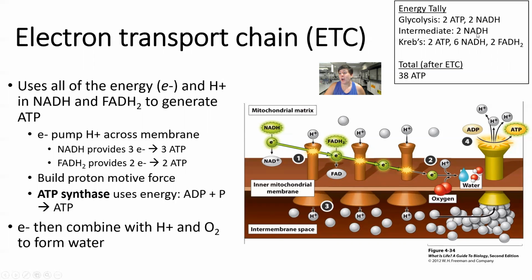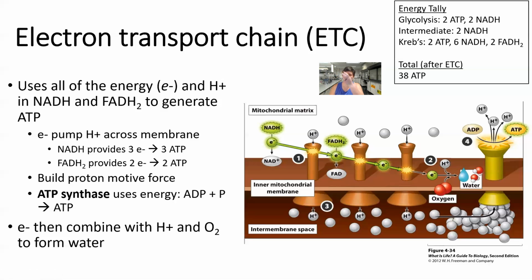The intermediate stage also gave us 2 NADH, which means we can get 1, 2, 3 from one of them, 1, 2, 3 from another. So the intermediate stage will end up giving us 6 more ATP via oxidative phosphorylation. And then during the Krebs cycle, we get 6 NADH. So that's 6 times 3, which is 18 ATP.